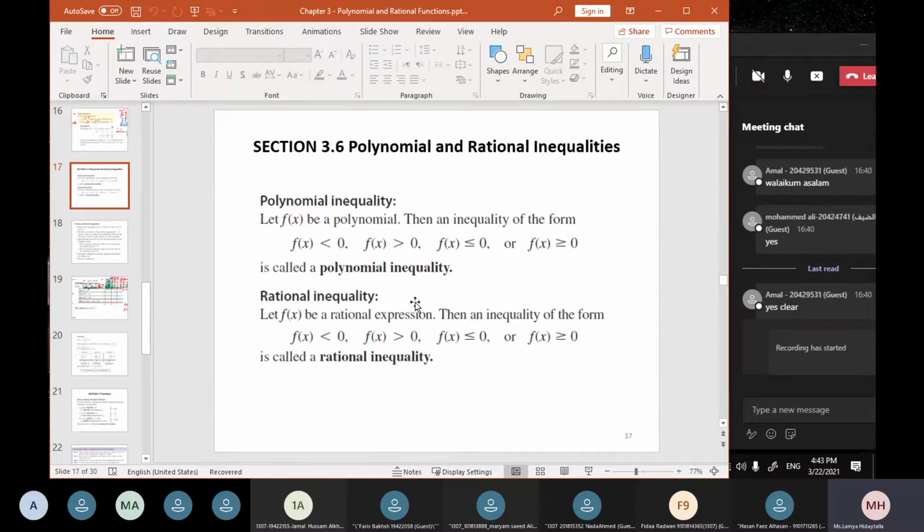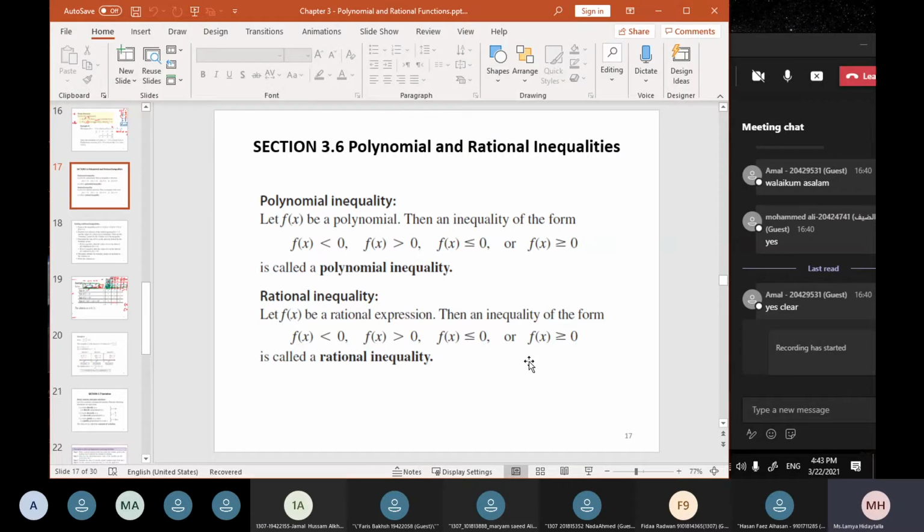Now we want, and we started this also, this part. If we have a polynomial or a rational function, and we need the solution not where f of x is equal to 0, but in the case f of x less than 0, or f of x greater than 0, or less than or equal, or greater than or equal.